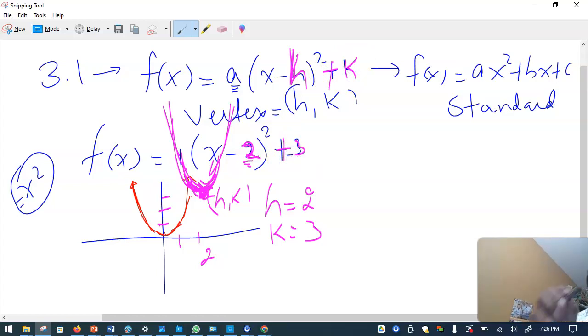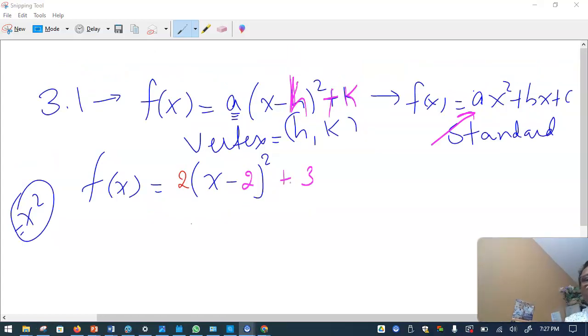Now I want to write this whole thing in the standard form, and then I'm going to show how to go backwards. So how do I write it in the standard form? Let's use this. I'm going to change this. I try to use a scale factor of 2 here.